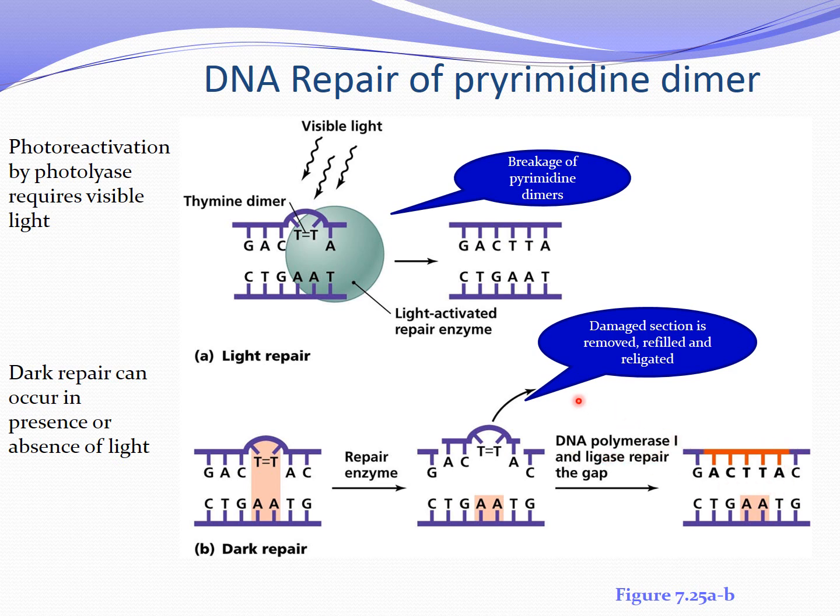So again, pyrimidine dimer can be repaired two ways: light repair and dark repair. Light repair just reverses the formation of the thymine dimer, and the dark repair actually removes a segment that includes the dimer and then replaces it with the correct sequence.